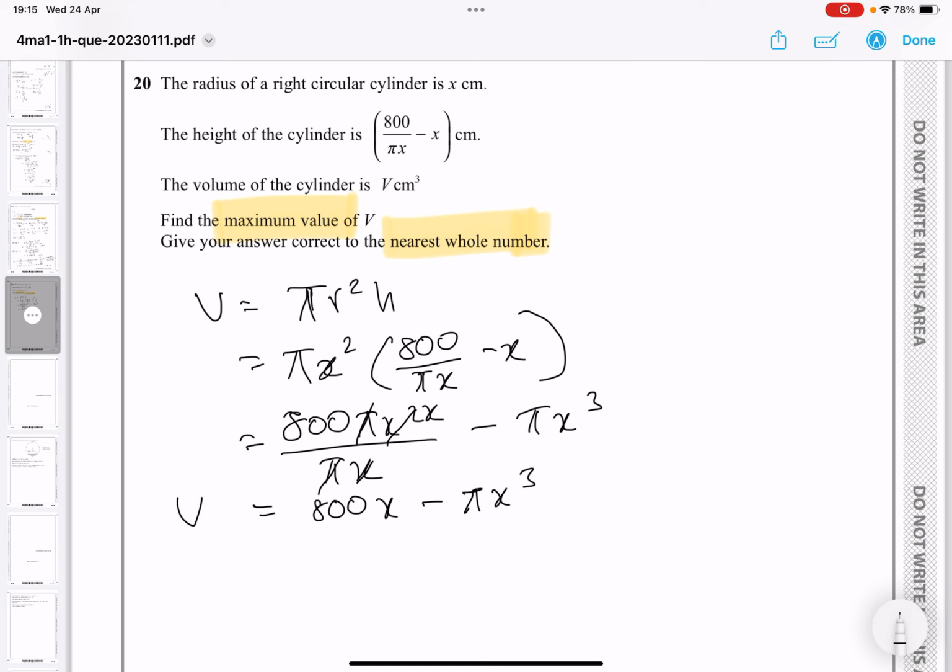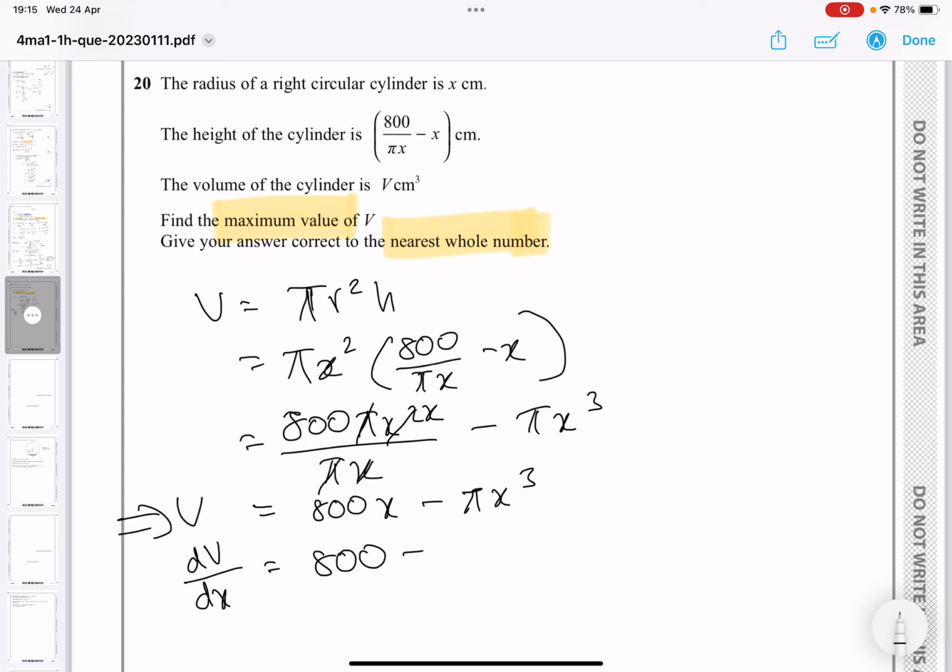But what they're asking is the maximum volume of V. So we need to differentiate this equation and equate it to 0. So dv over dx. When you differentiate, you take the indice down. So 3 is going to come down and multiply with the constant at the front, which is pi.